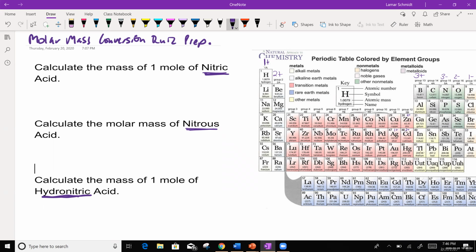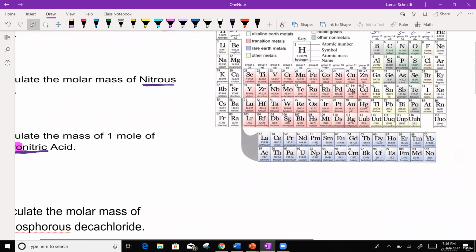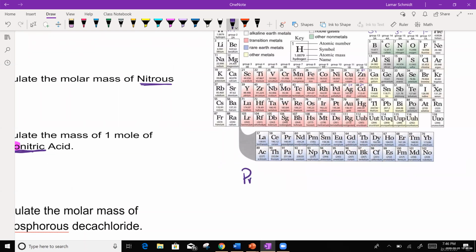One thing you should notice is that one of these is radically different in that it has the prefix hydro. Anytime you see the prefix hydro, that's simply telling you there is no oxygen in your formula.